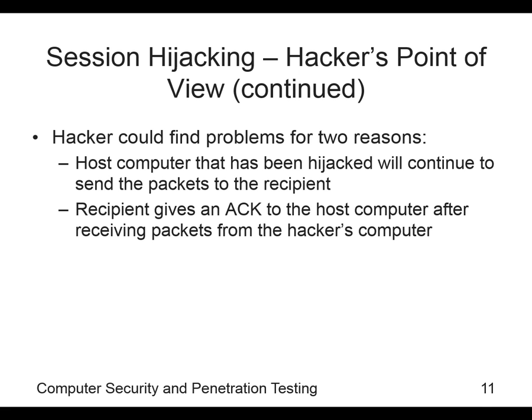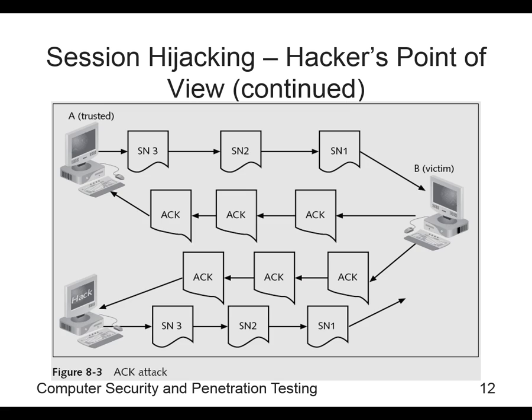All right. Okay. From the hacker's point of view, the hacker could find problems for 2 reasons. What if I'm breaking into a machine and taking over its traffic, but it's still sending packets? Maybe some of the packets are going to get through. Maybe they didn't sanitize it quite as well. Okay. There's also the acknowledgement packets, which we're going to see here in a second.